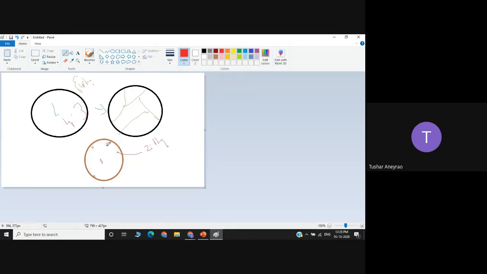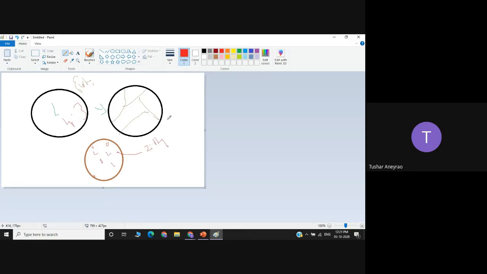Because this austenite has only utilized, while solidifying, 2.14 percentage of carbon, right? So the liquid which is adjacent to these crystals will get a rich supply of carbon.